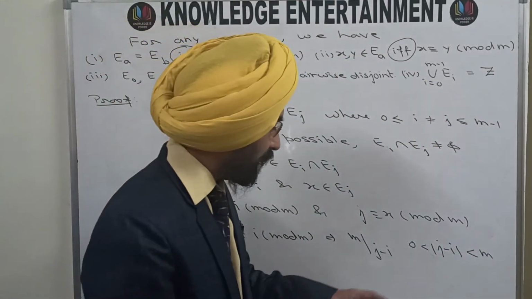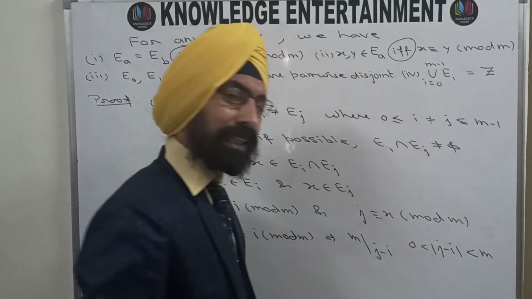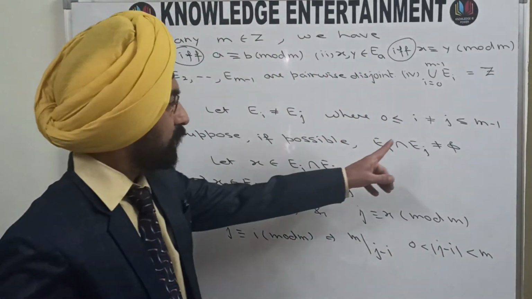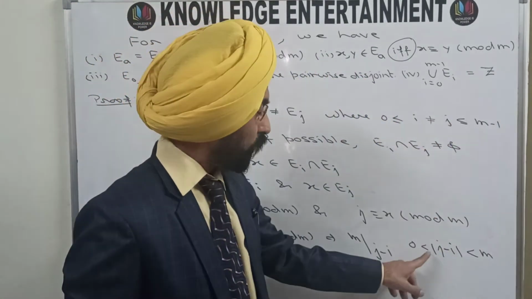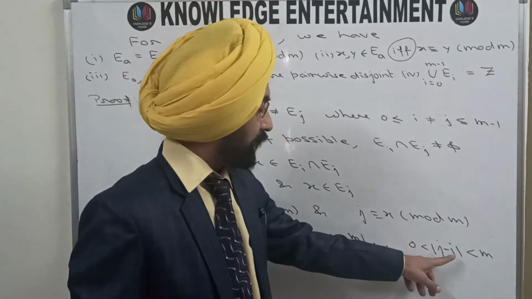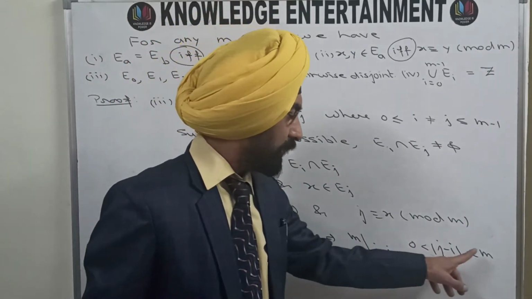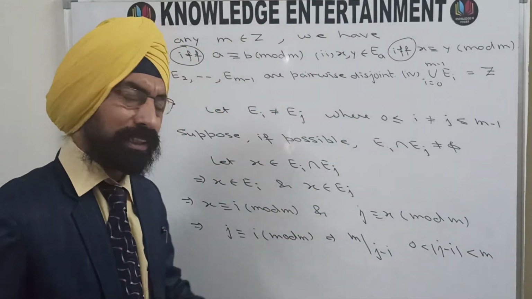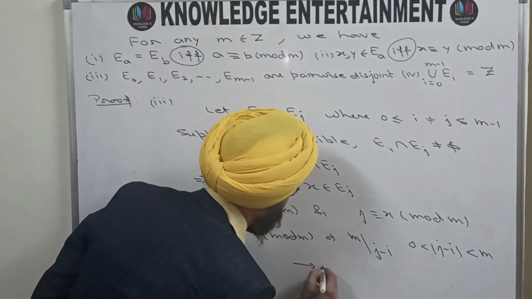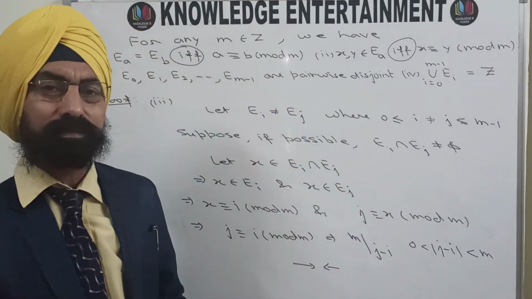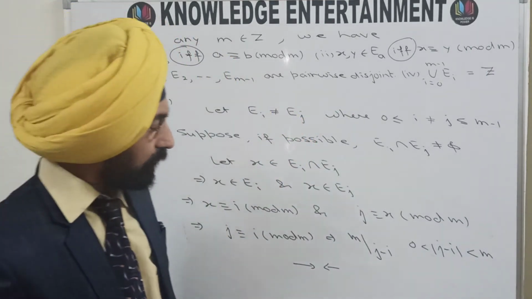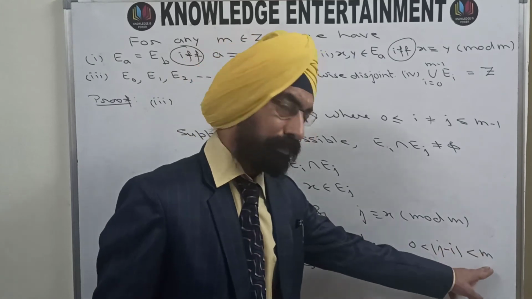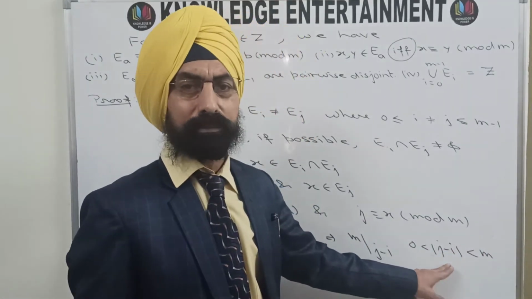It is greater than 0 because i and j are not the same, so it cannot be 0 even. |j minus i| is strictly greater than 0 and strictly less than m and is divisible by m, which is not possible, which is impossible, and it is a contradiction. A number which strictly lies between 0 and m cannot be divisible by m.